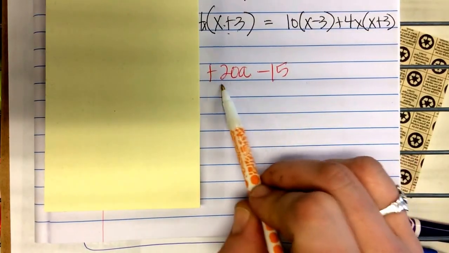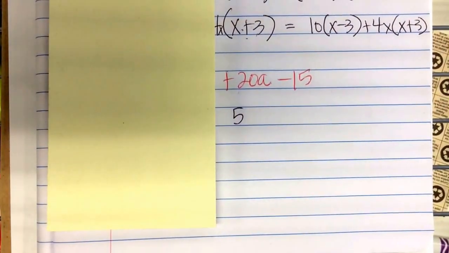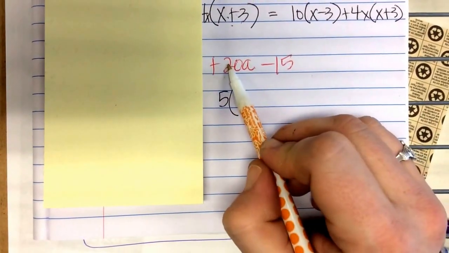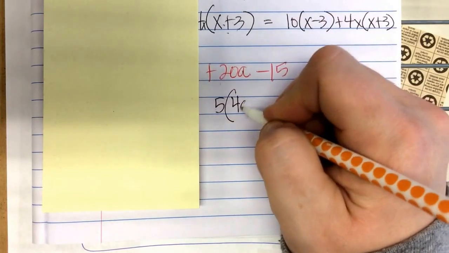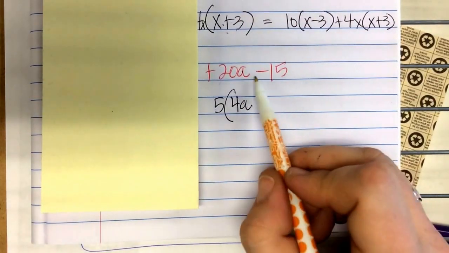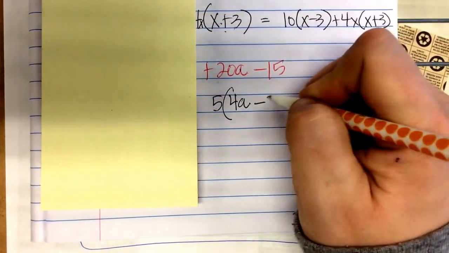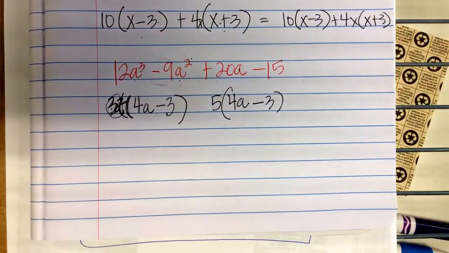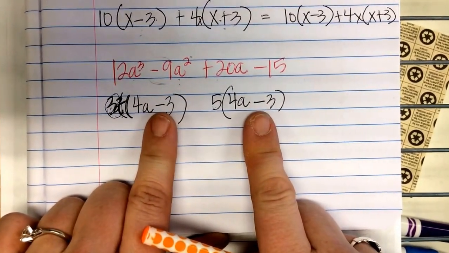What can they both be divided by? 5. 20 divided by 5 is 4, with an a. Negative 15 divided by 5 is negative 3. You guys, what should happen is that these two things inside the parentheses now are the same.